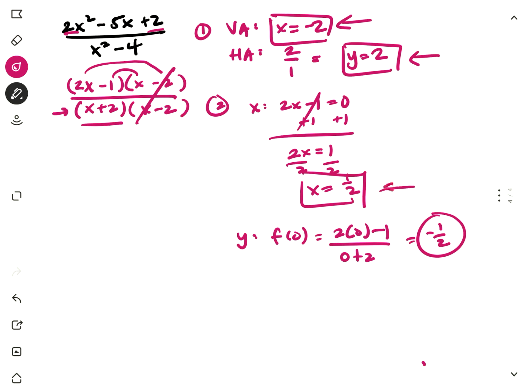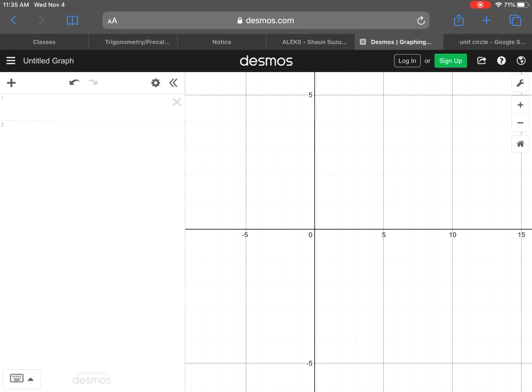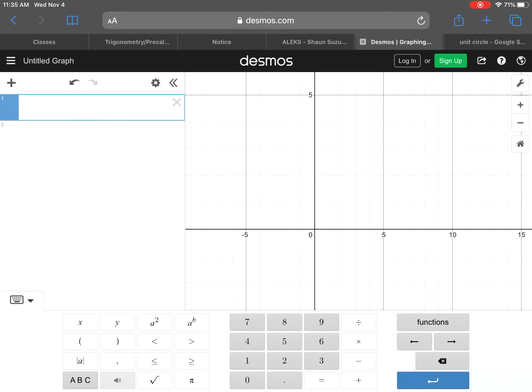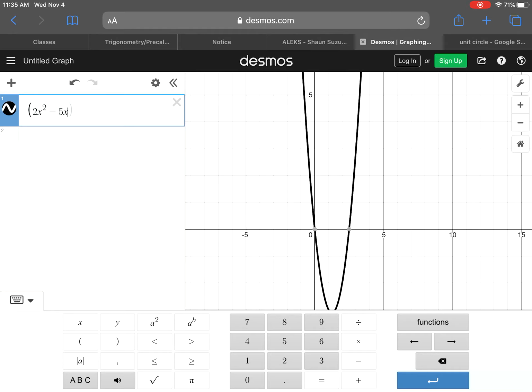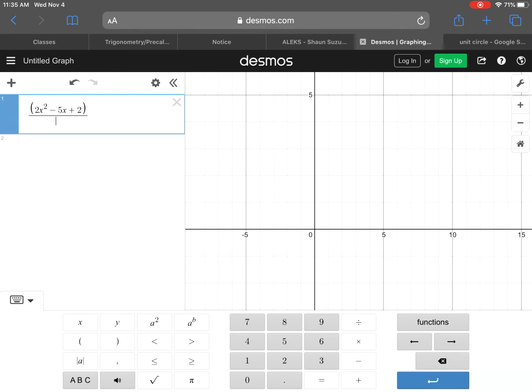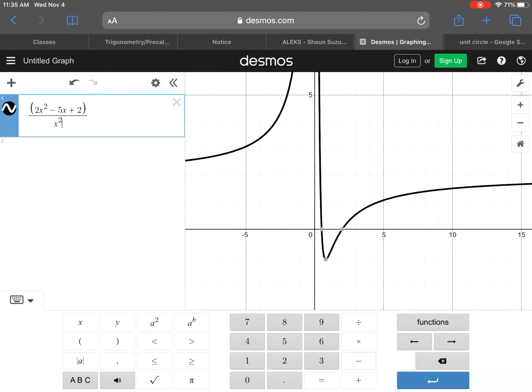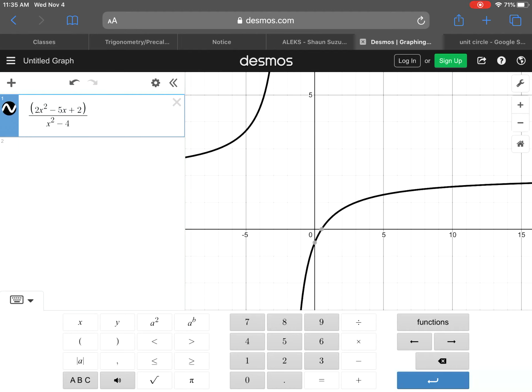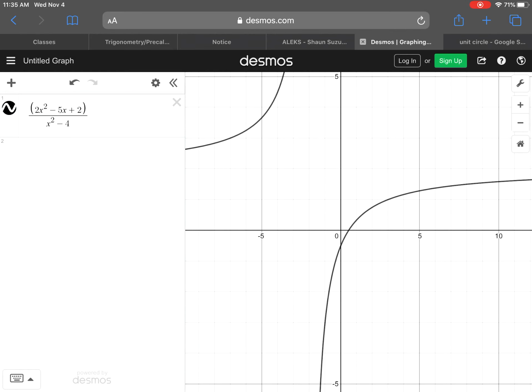So let's put this all together: (2x squared minus 5x plus 2) divided by (x squared minus 4).